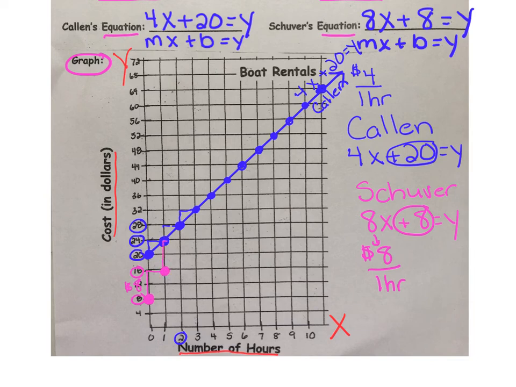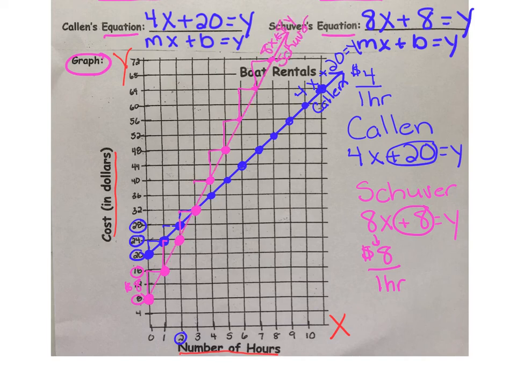Again, up 2 over 1, up 2 over 1, and yes, they share a point, up 2 over 1, up 2 over 1, and continue to the edge of the graph. Grab your ruler and connect the dots.